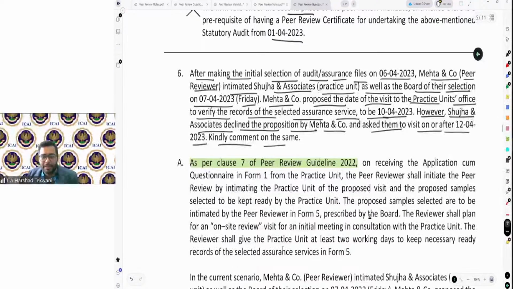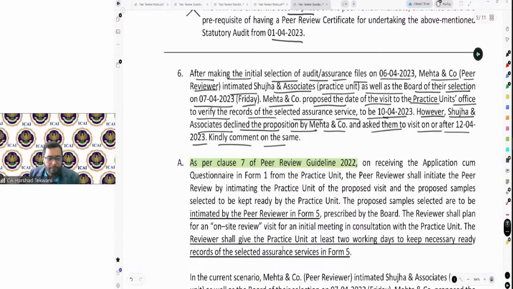The proposed samples that are selected are to be intimated by the peer reviewer in form 5. Now, the reviewer shall plan for an on-site visit for an initial meeting and consultation with the practice unit. The reviewer shall give the practice unit at least 2 working days to keep the necessary records ready for the assurance services selected in form 5. Again, I'll place the emphasis on the at least 2 working days.